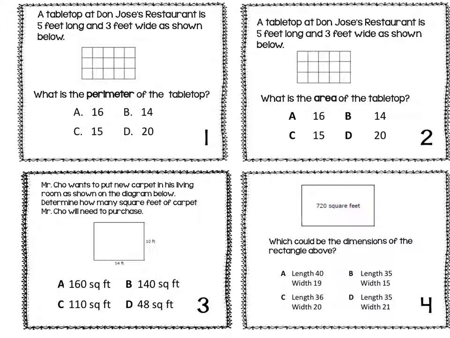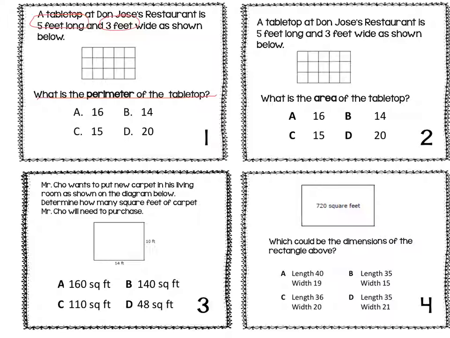It says a tabletop at Don Jose's restaurant is 5 feet long and 3 feet wide as shown below. What is the perimeter of the tabletop? So we're trying to figure out what is the perimeter of the tabletop. And we know that the tabletop is 5 feet long and 3 feet wide.